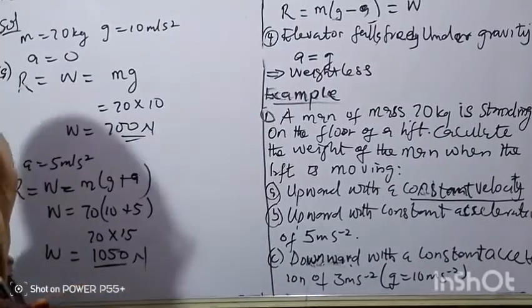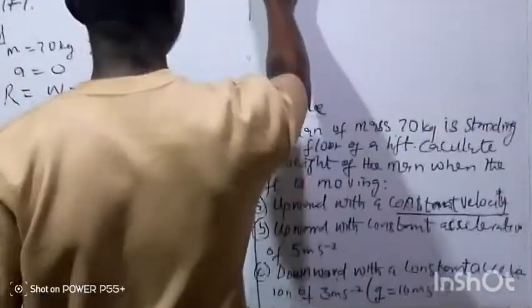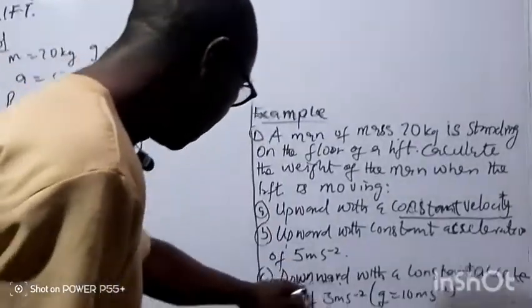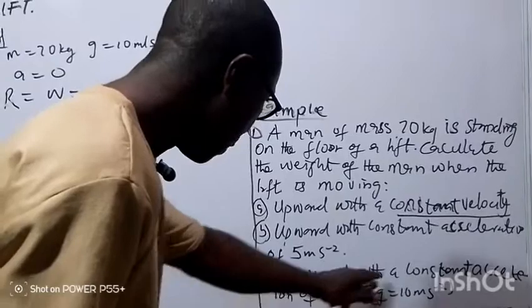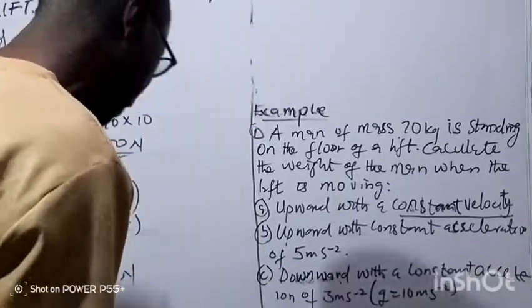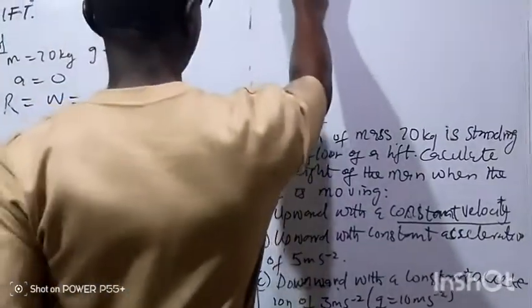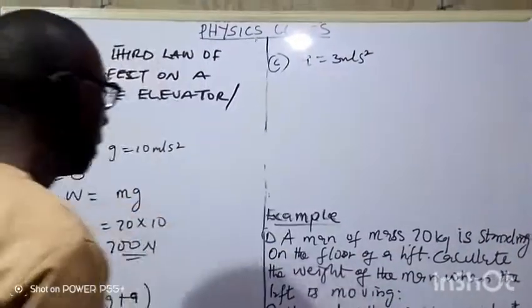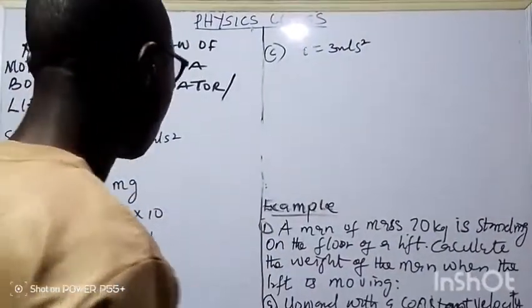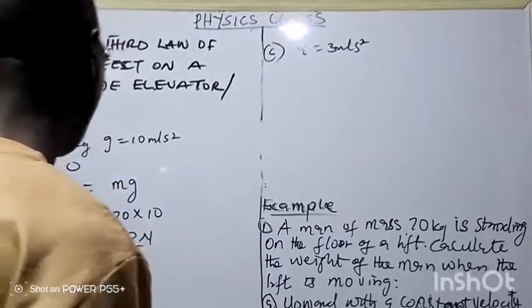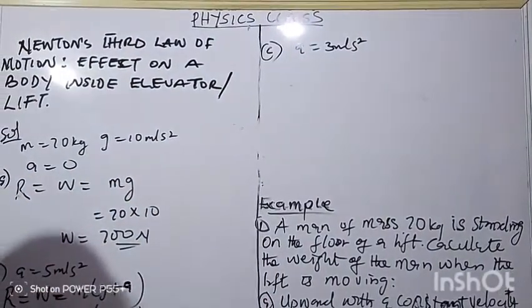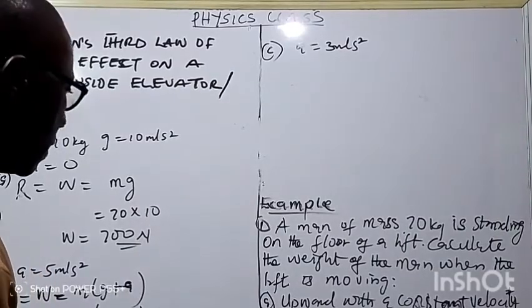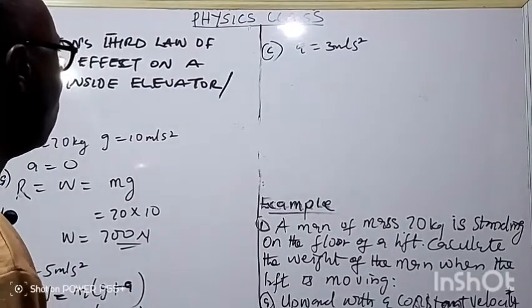And question number C. The elevator is moving downward with constant acceleration of 3 meters per second square. a is 3 meters per second square, but the elevator is moving downward. And during our explanation, we said when the elevator is moving downward, the body inside the elevator will lose weight.